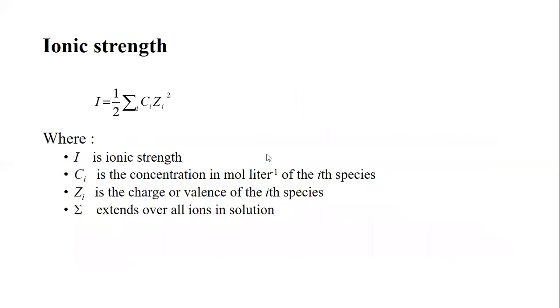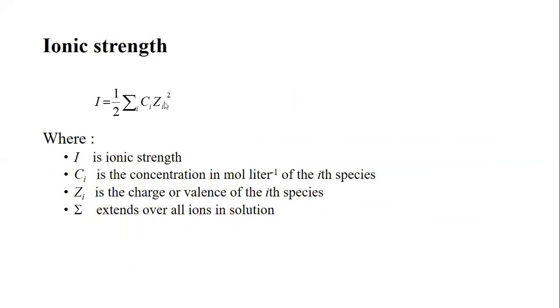Okay, the ionic strength, this is the one in the equation. How do we get it? I, this is repetition, but we just go over it again. I equals half summation of Ci, which is the concentration of each individual ion, multiplied by the square of the charge of that ion.